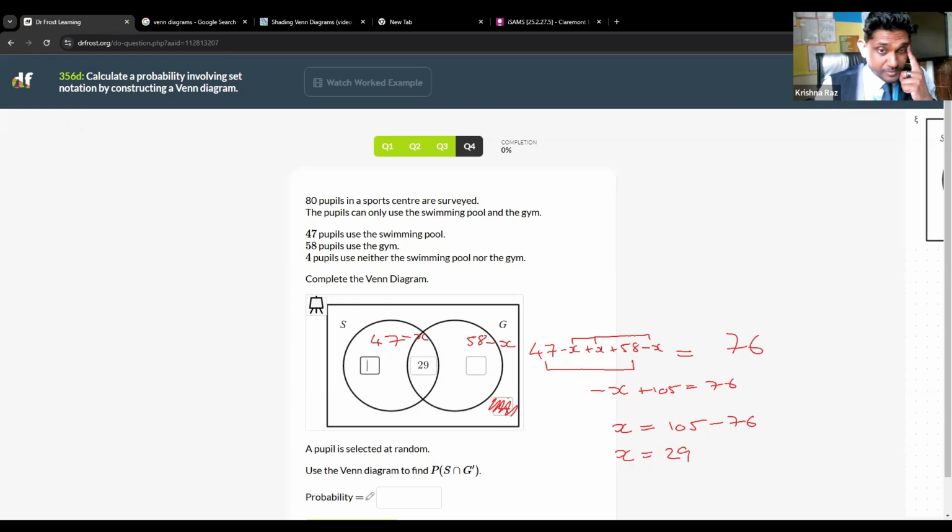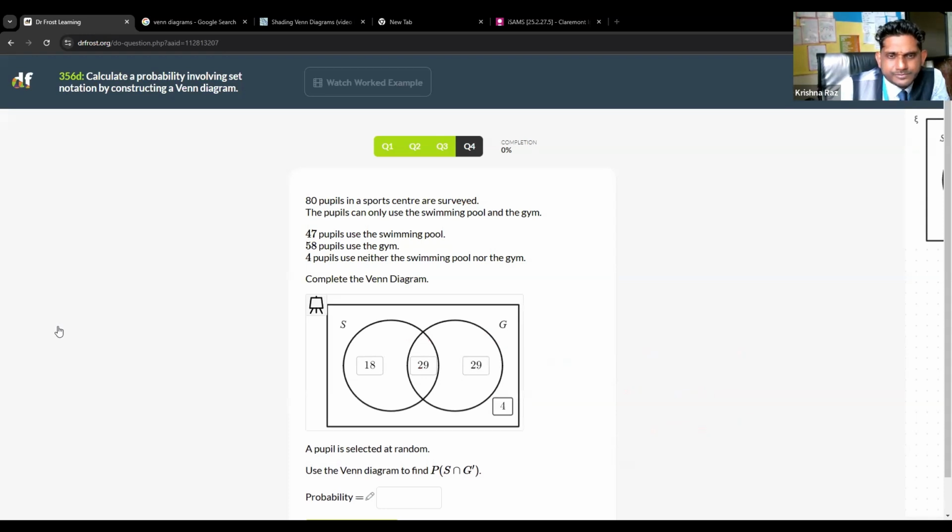So 47 minus 29 is 18. 58 minus 29 is 29. Then we had a 4 there. So if we add those together, we should get 80.